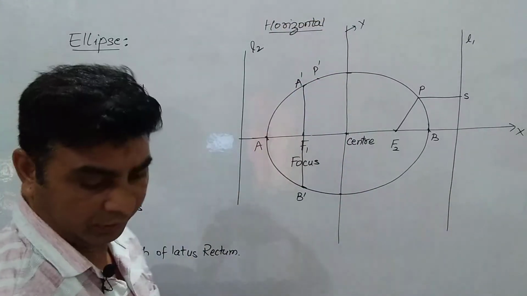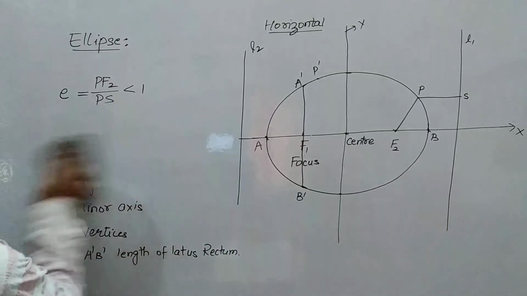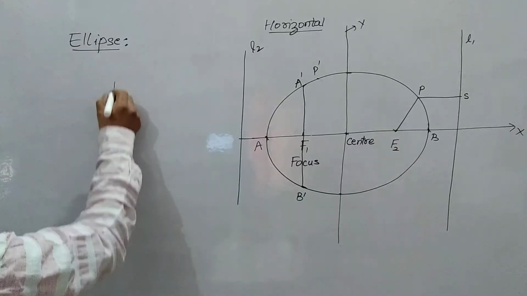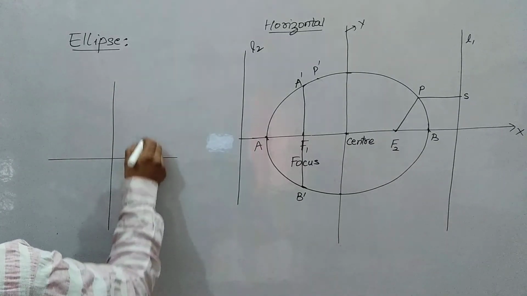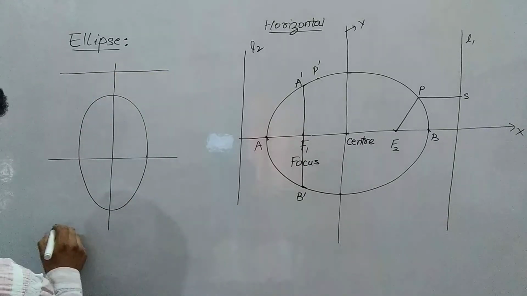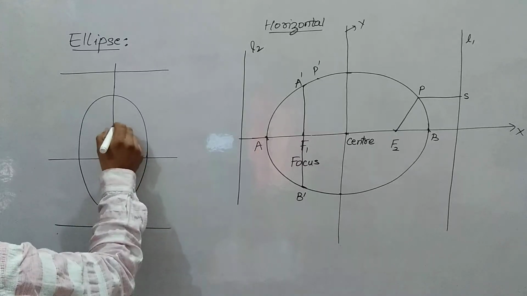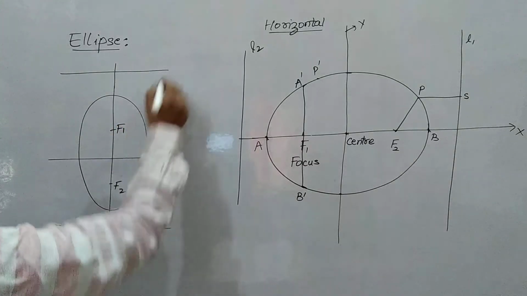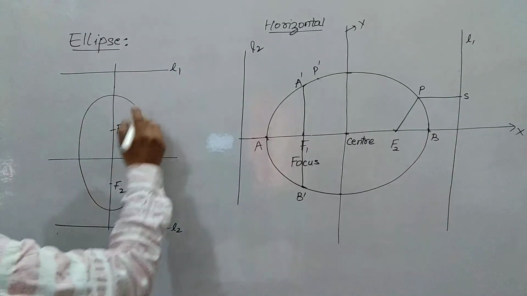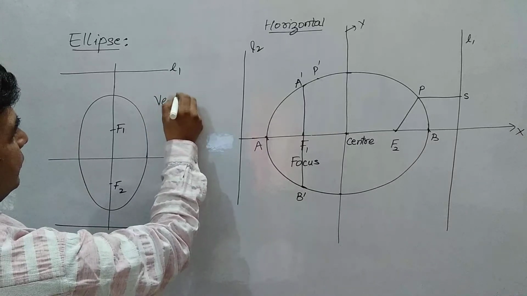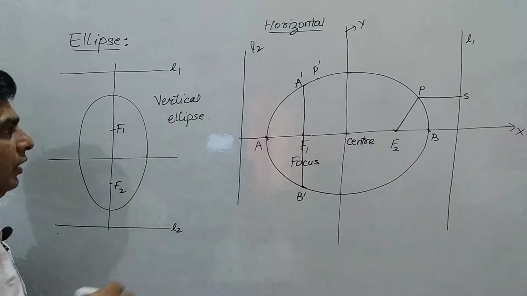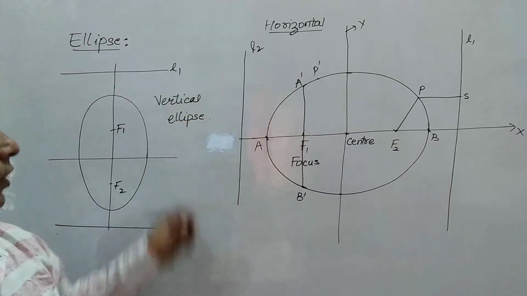And in case these fixed points lie on the y-axis, something like this, the fixed lines will be here, foci will be here, this is F1, this is F2, this is L1, this is L2, these are the fixed lines and the fixed points. Then this type of ellipse is known as a vertical ellipse. So there are mainly two types of ellipse: number one is horizontal ellipse, number two is vertical ellipse.